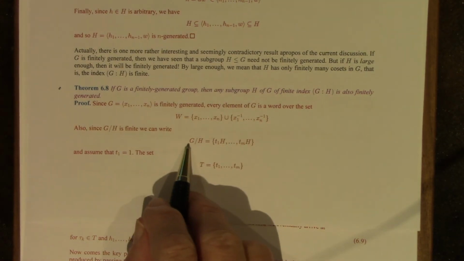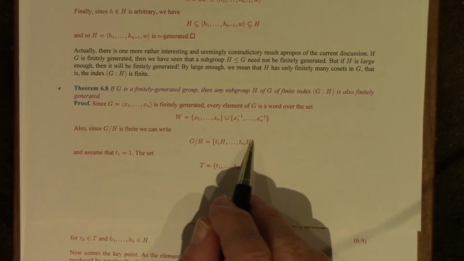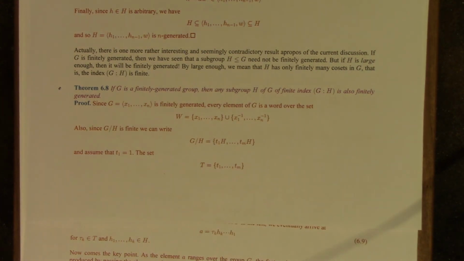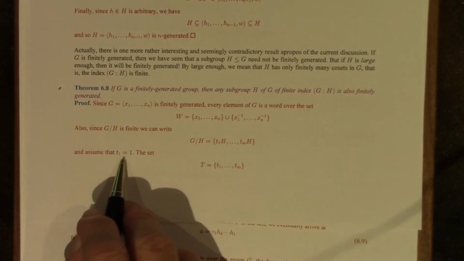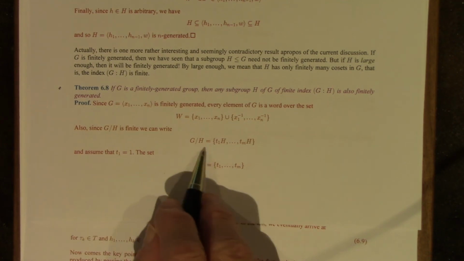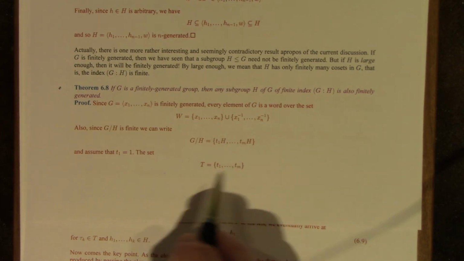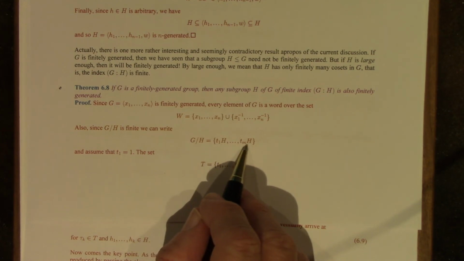So we can write G mod H as T_1H through T_mH. We don't know how many cosets there are. Whatever the index is, that's the number of cosets, but we know it's finite. And since one of these cosets is H itself, we can assume that T_1 is equal to 1, and we get H from there. T_1H is H. Okay, so the set of coset representatives.